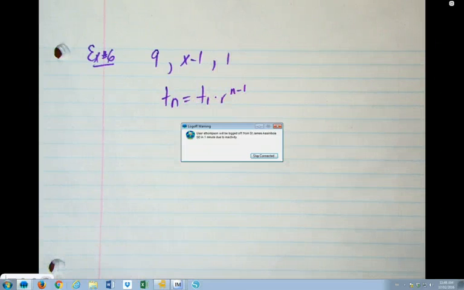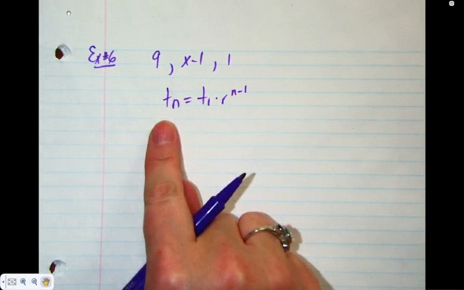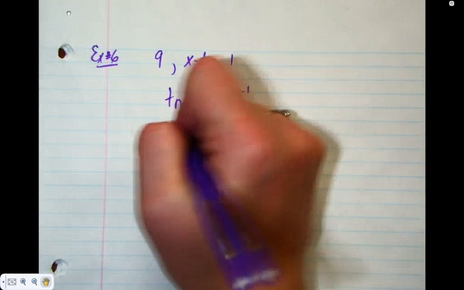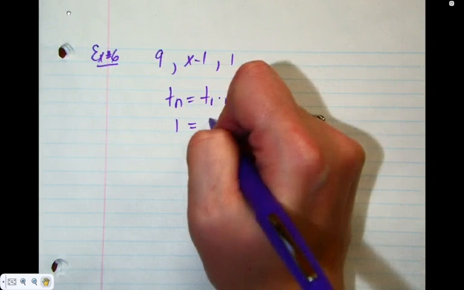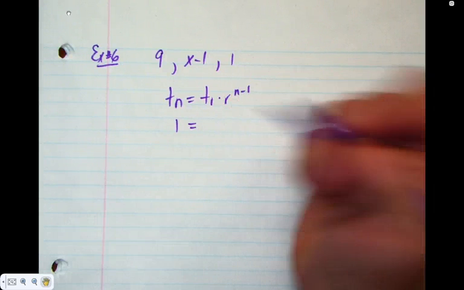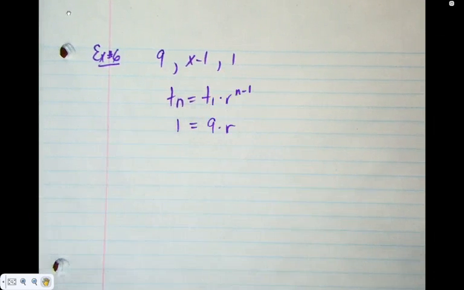What's the last term in the sequence? 1. What's the first term in the sequence? Not a trick question. 9. What's r? We don't know. What is n? So the 1, what was its term number? 3.